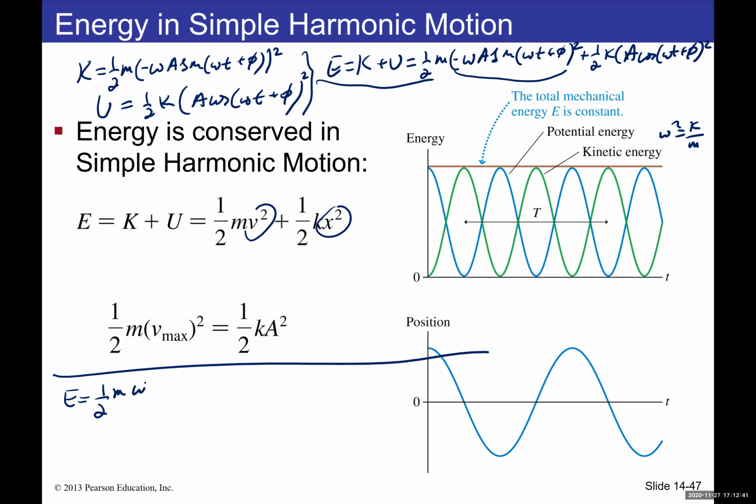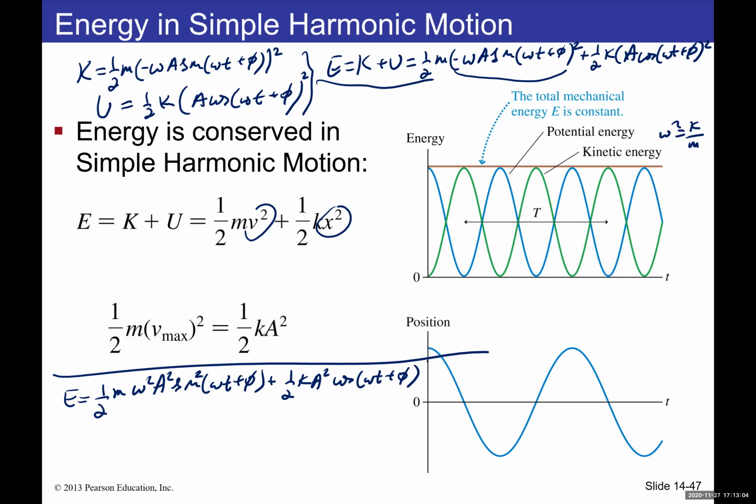So it becomes omega squared, and the negative disappears because I'm squaring the whole thing. Omega squared, A squared, sine squared of omega t plus phi, then plus 1/2 k A squared, cosine squared of omega t plus phi.